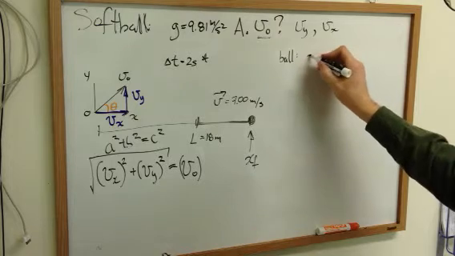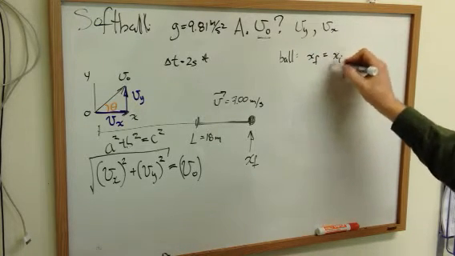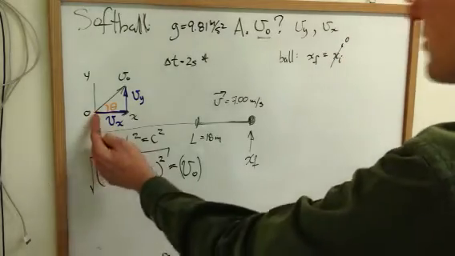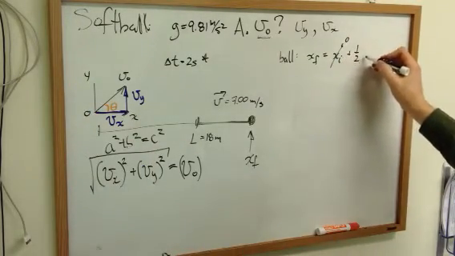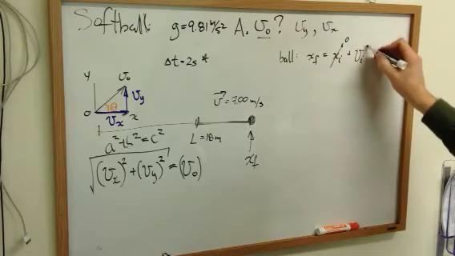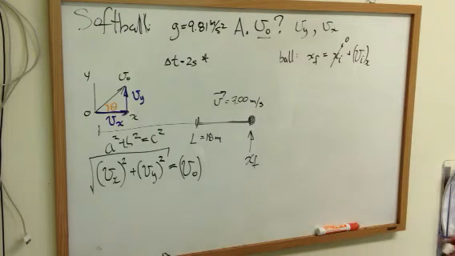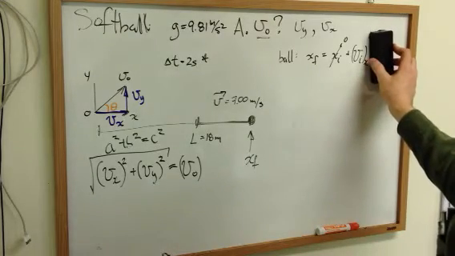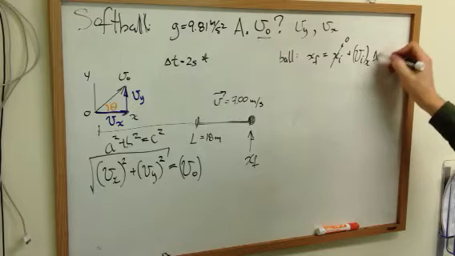The ball reaches that final position starting from an initial position of 0, right here at the origin, plus the initial velocity in the x direction. Actually, this is rubbish. There's no acceleration in the x direction. I can keep it. Plus delta t.